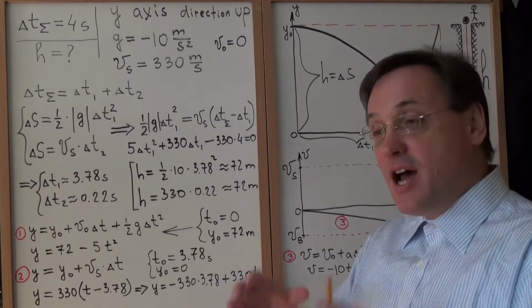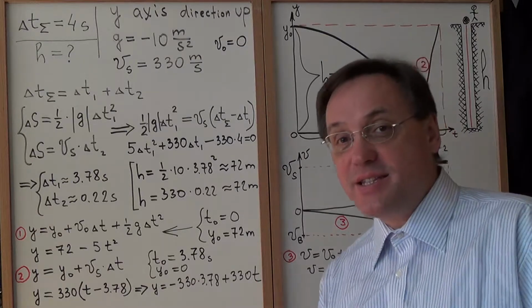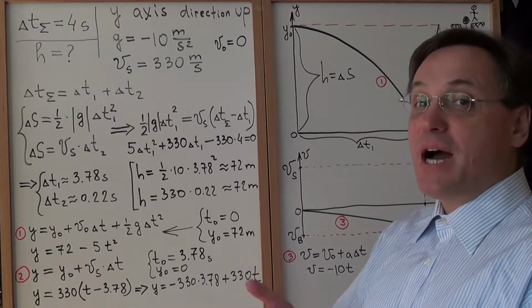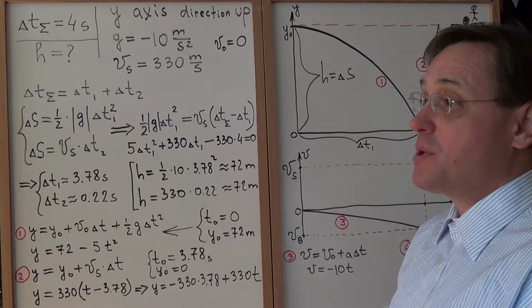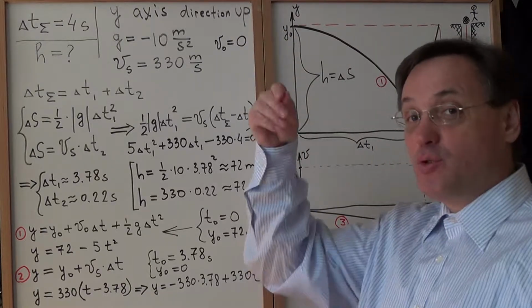what happens here is, when our rock drops and hits the ground at the bottom of the well, this sound will come up and we'll hear the sound. So the actual movement will be from us down to the bottom and from the bottom up to us.